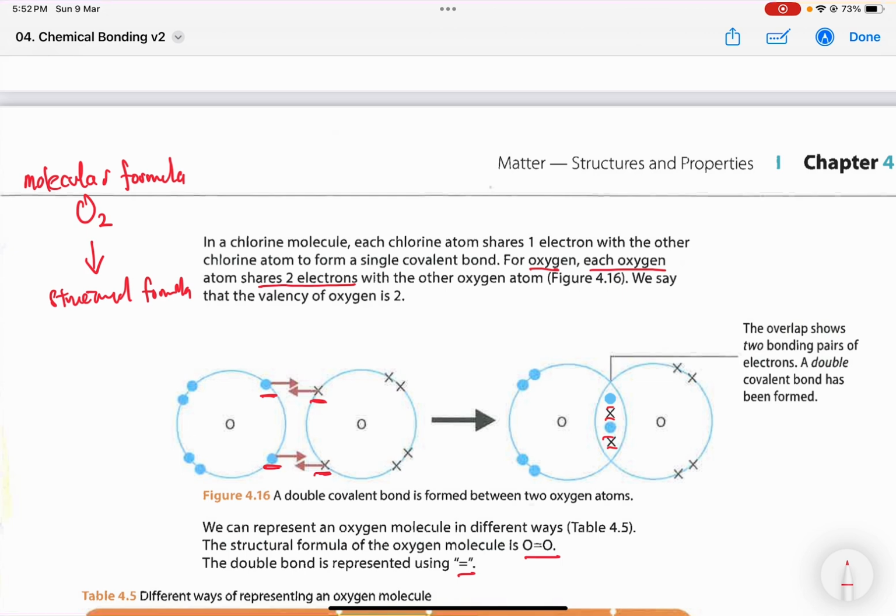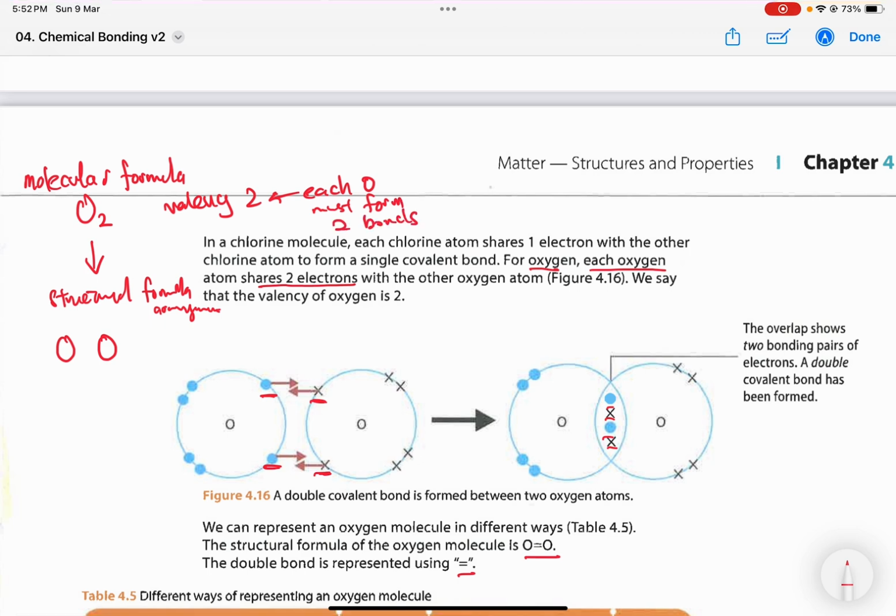I know that I must have 2 oxygen side by side. The structural formula tells you the arrangement. But the structural formula has the bond, right? How many bonds does it have? You know that the valency is 2, which means that each O must form 2 bonds.